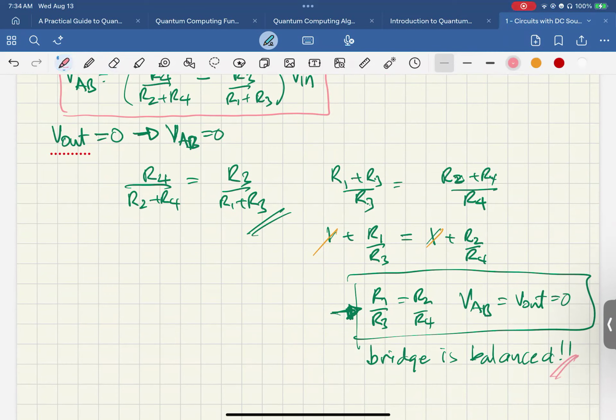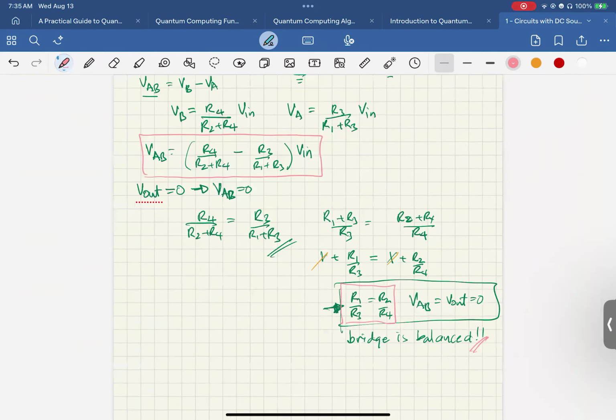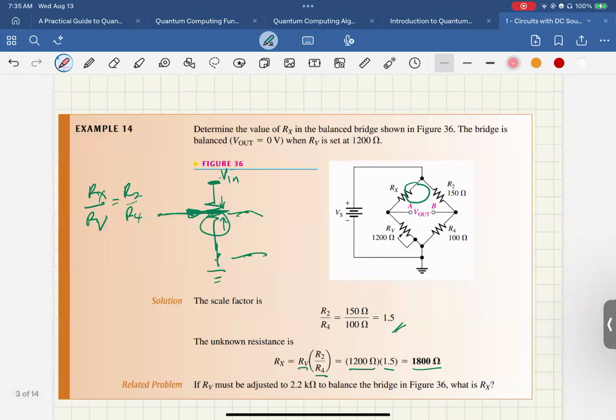Yung bridge ay balanced. And pag-balance yung bridge, then we also get this condition for the Wheatstone bridge. Okay, so yan yung diniscuss natin last time. Let's continue with the discussion.